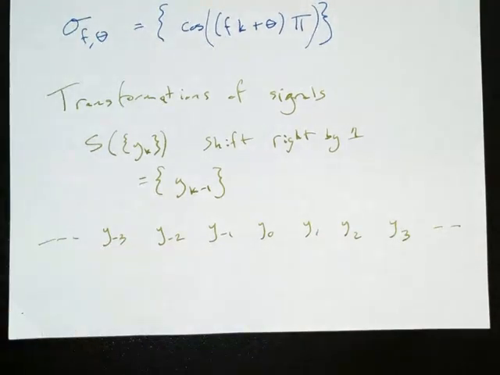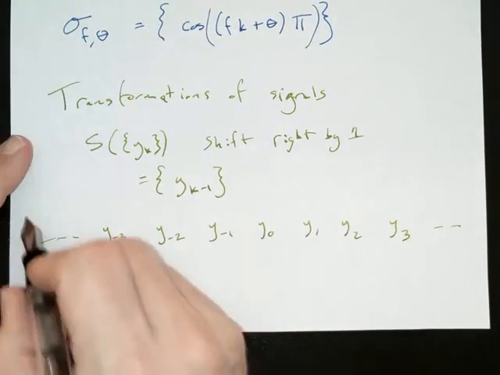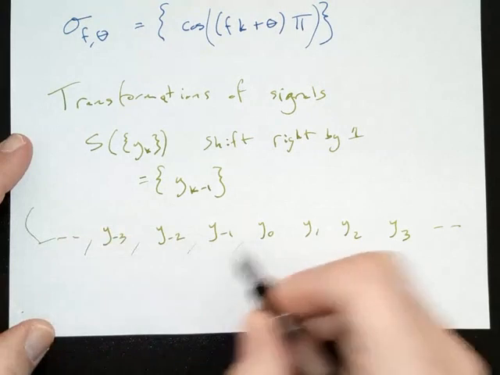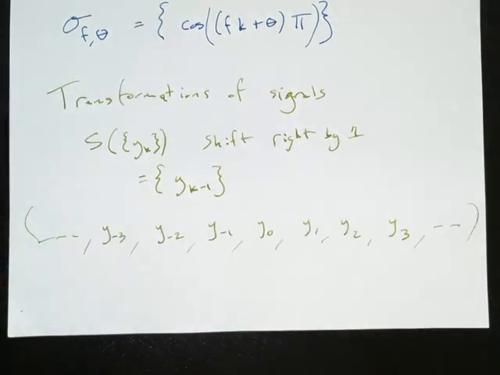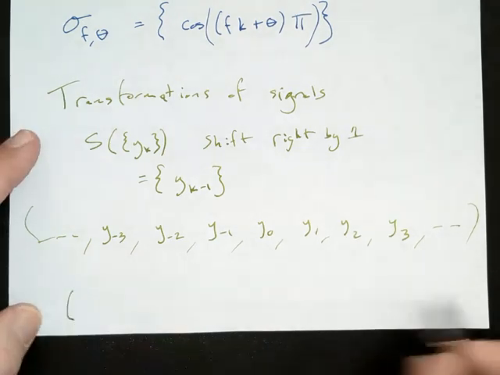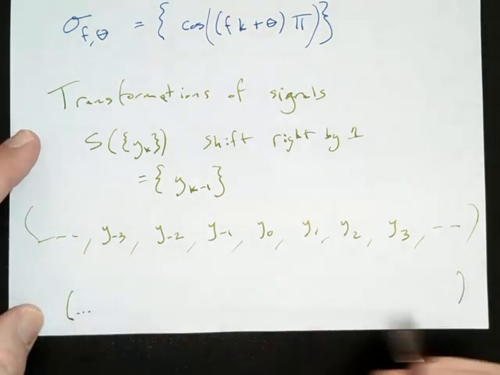Here's my original signal. Remember, that's what a signal looks like as a discrete time signal. That's what goes in. I'm going to do S to this, and I'm going to get out another signal.